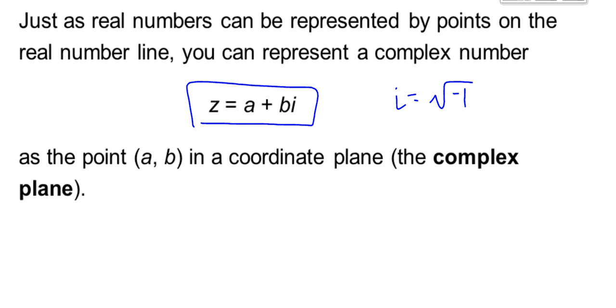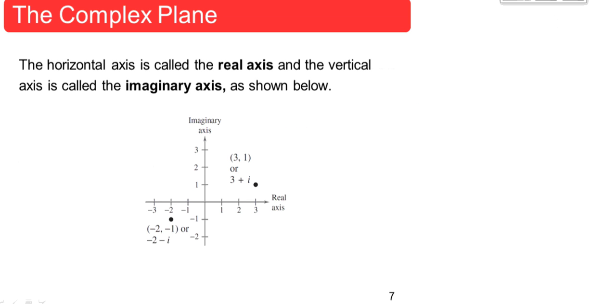And so when we have a complex number, a plus bi, we can just kind of look at it there. And then when we put it on this complex plane, it's really just exactly what I said a few minutes ago. When we plot this point, they plotted 3, 1, which is 3 plus i, and -2, -1, which is -2 minus i.